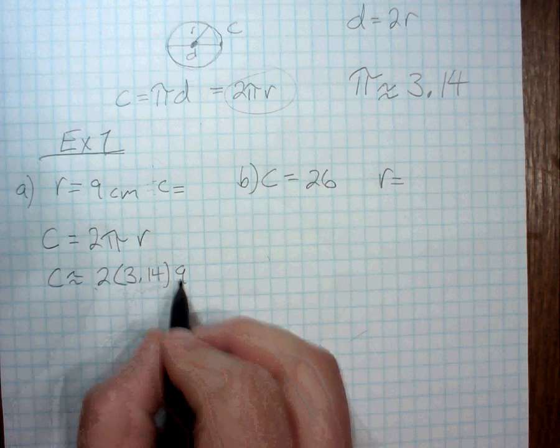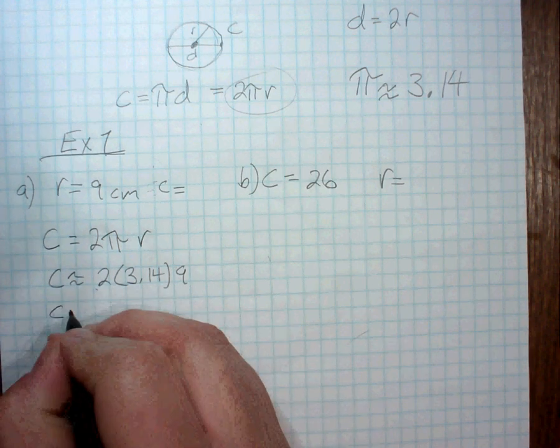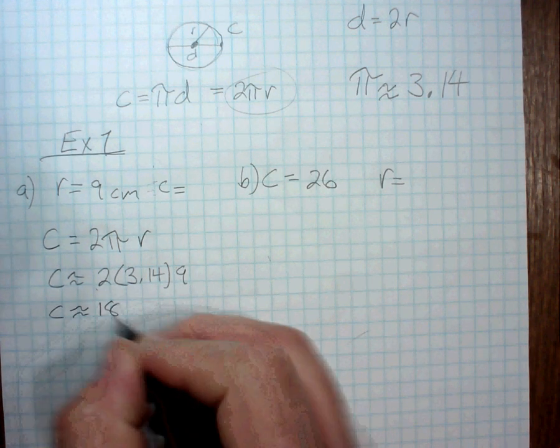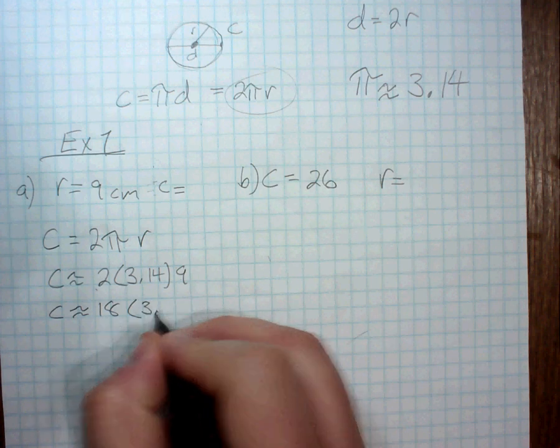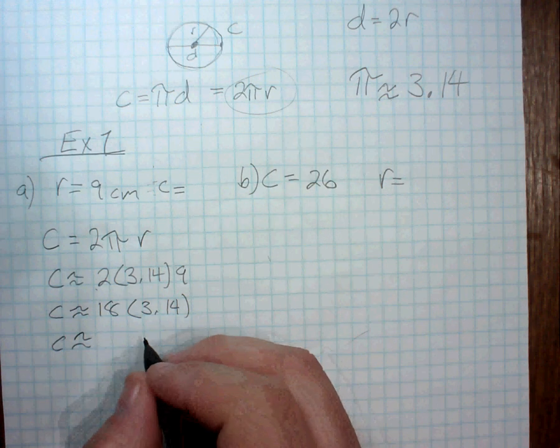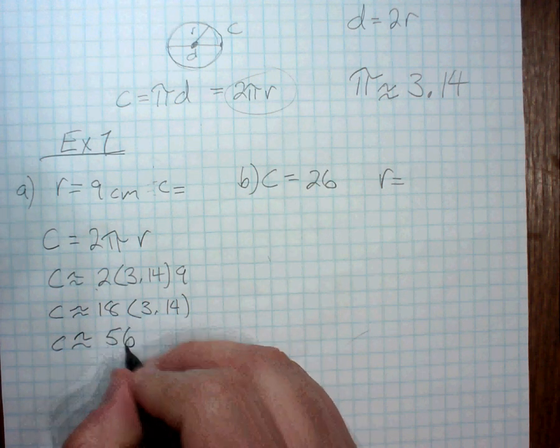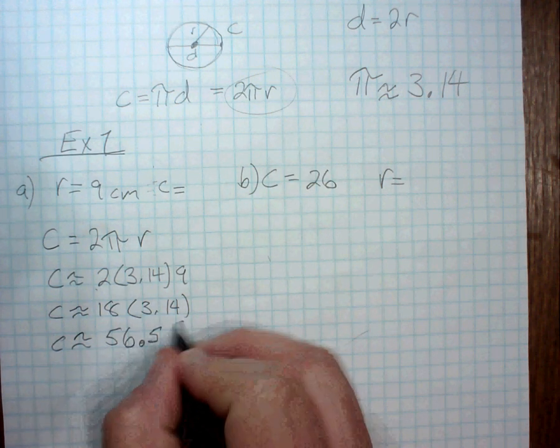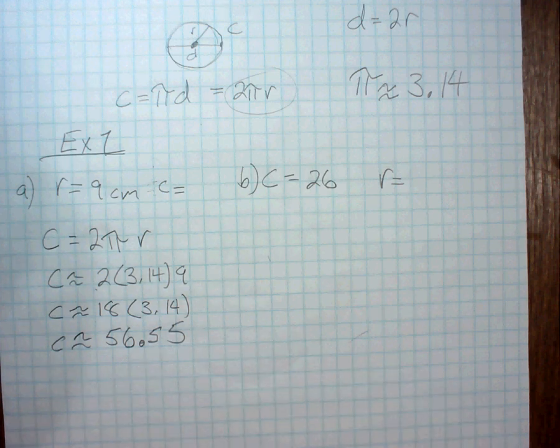I can multiply the 2 times 9, so that would give me 18 times pi, which would be 3.14, which is approximately 56.55. Okay.